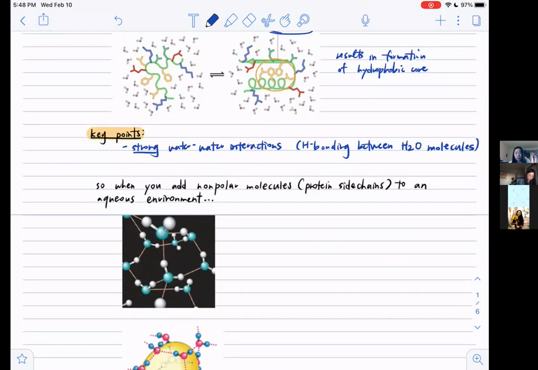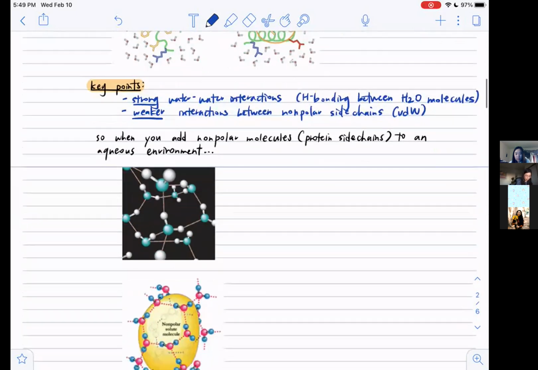And in comparison, interactions between nonpolar side chains are going to be weaker. And you probably know that when I talk about interactions between nonpolar side chains, I'm mostly talking about van der Waals interactions.